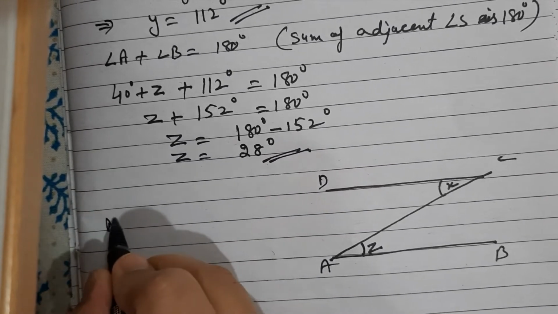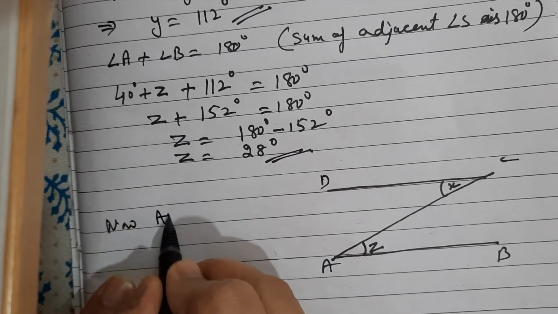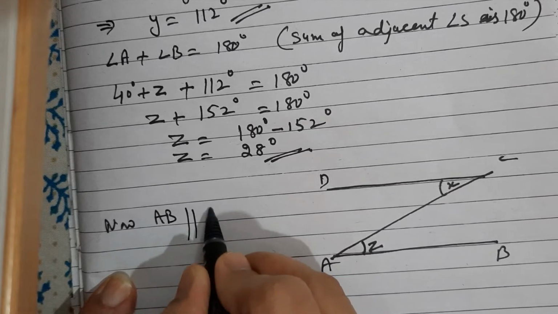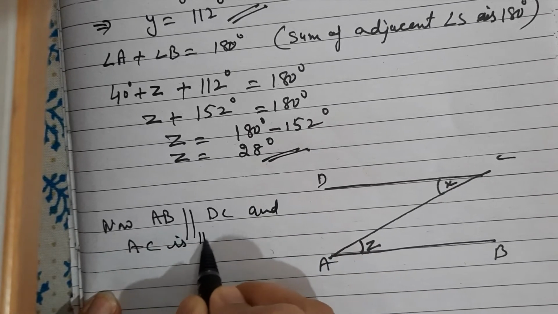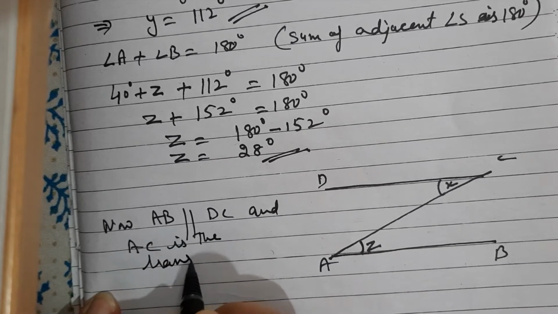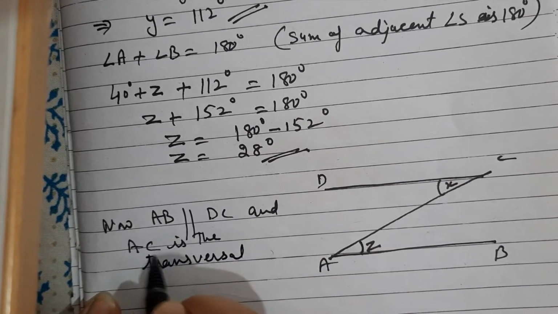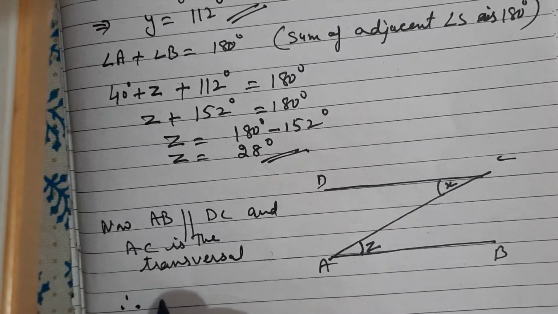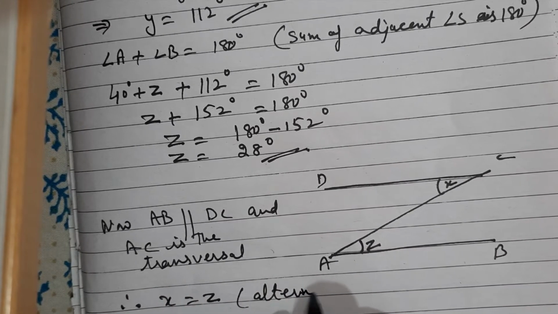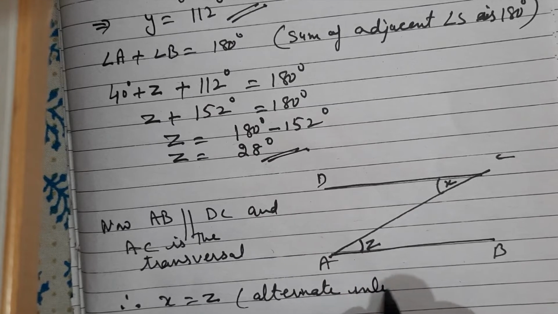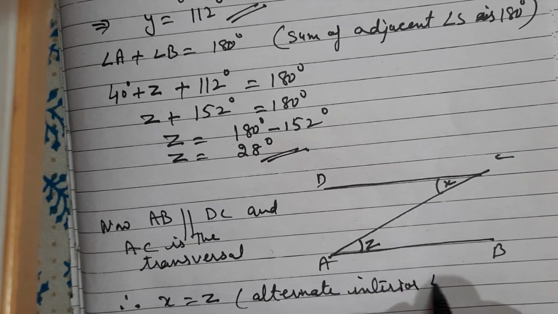So now AB is parallel to DC and AC is the transversal. Therefore X is equal to Z, alternate interior angles.